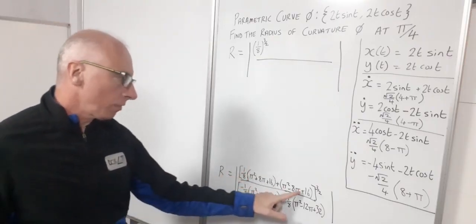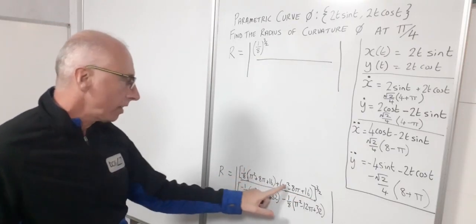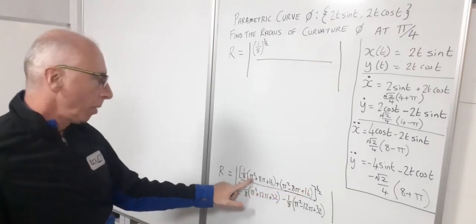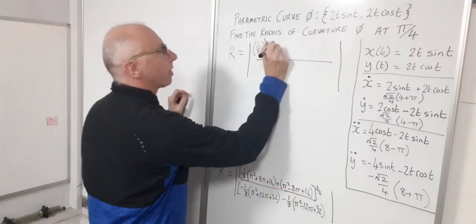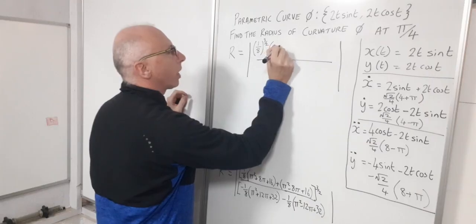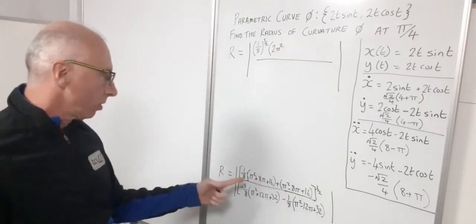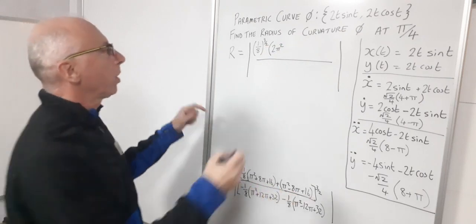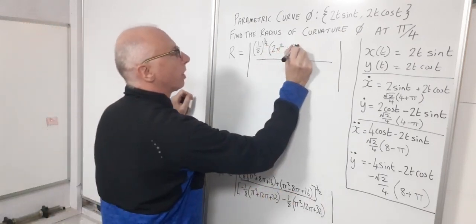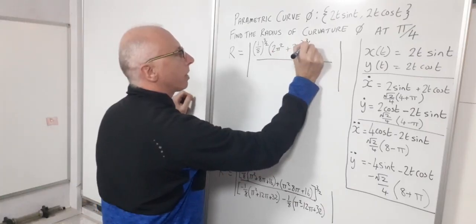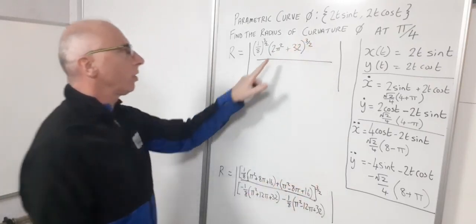Now we can just add these up. So I've got pi squared plus pi squared, so that's 2 pi squared plus 8 pi minus 8 pi cancels, plus 16 plus 32. And not forgetting my index of 3 over 2 to be included with this.